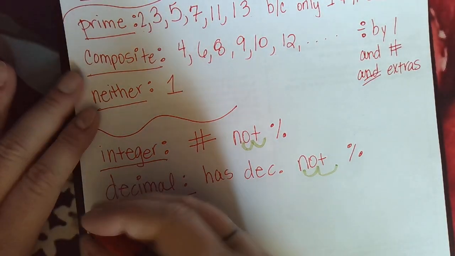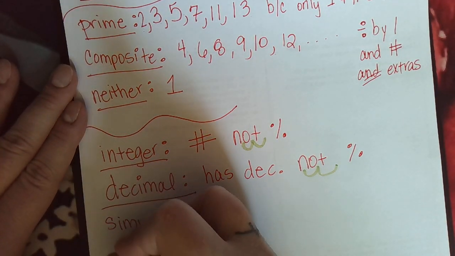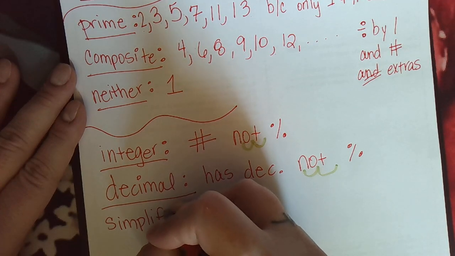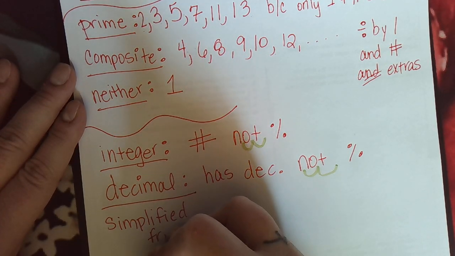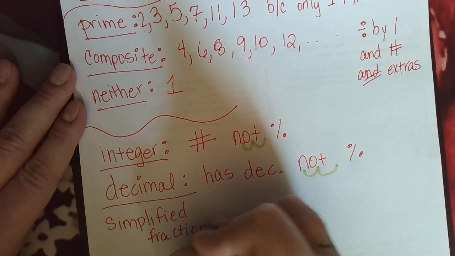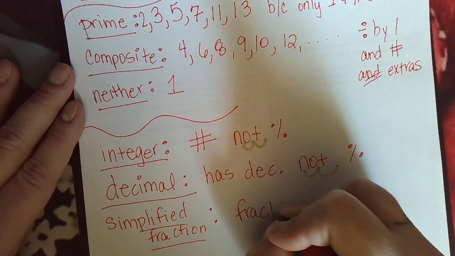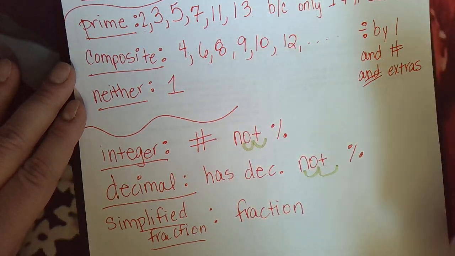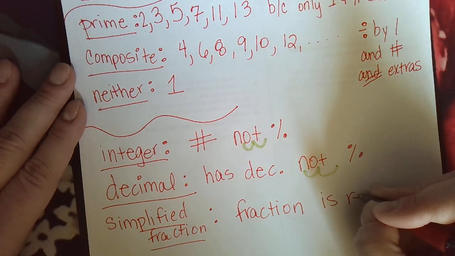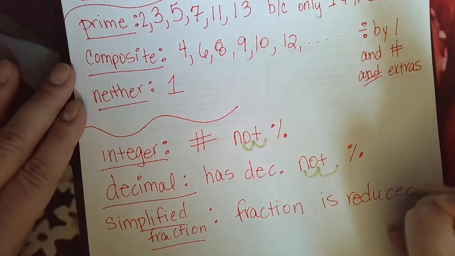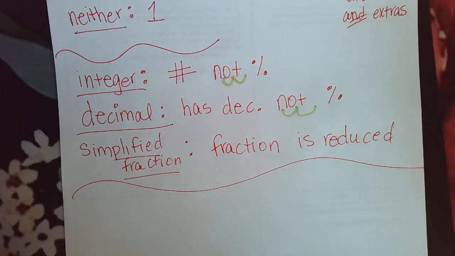The last thing they might tell you to type in is something called a simplified fraction. It's a fraction, but the fraction is reduced, like you divide the top and the bottom by 2, or by 3, or something like that.